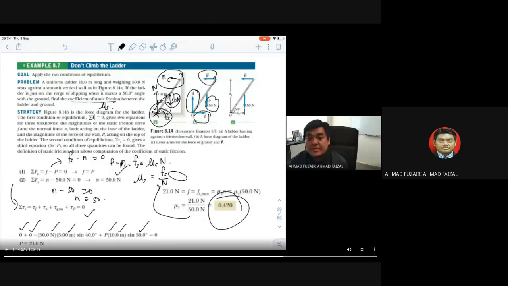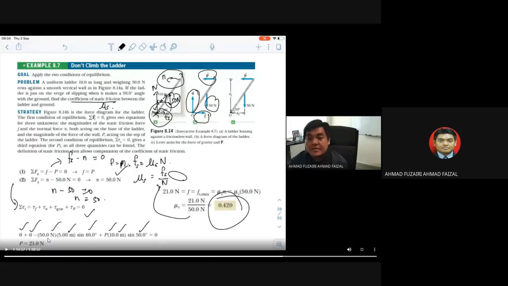Nampak tak saya punya arrow? Satu lagi P. Dua-dua ni ialah normal force. Satu normal force untuk floor, satu lagi normal force untuk wall. Normal force untuk wall duduk di sebelah hujung sekali. Normal force N yang dekat sini duduk pada arah Y ke atas.